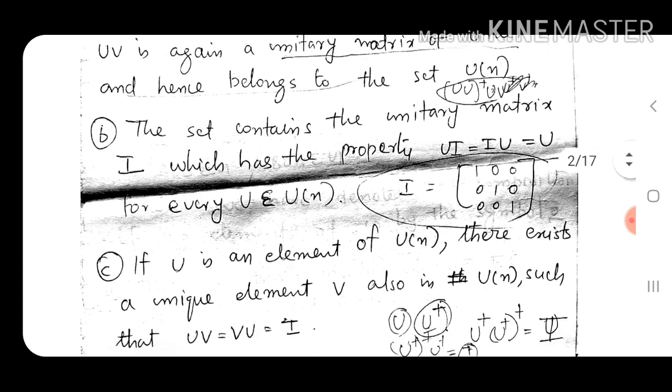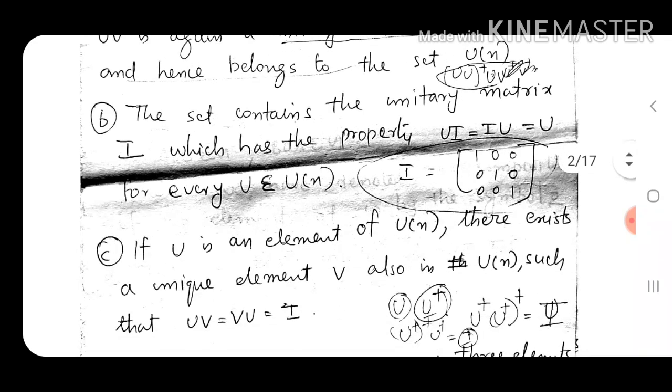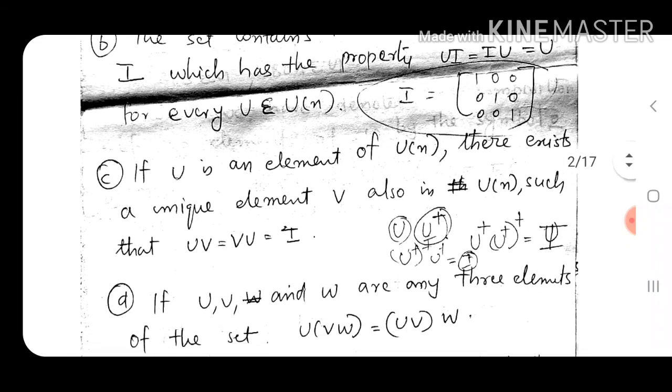The property B: the set contains the unitary matrix I. I is the identity matrix, which is a unitary matrix, and has the property UI equals IU, which is equal to U, where U is any unitary matrix belonging to the set U_n.